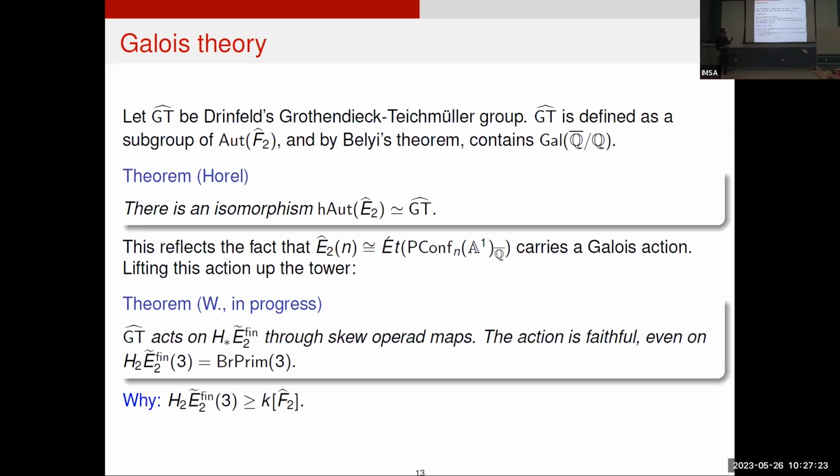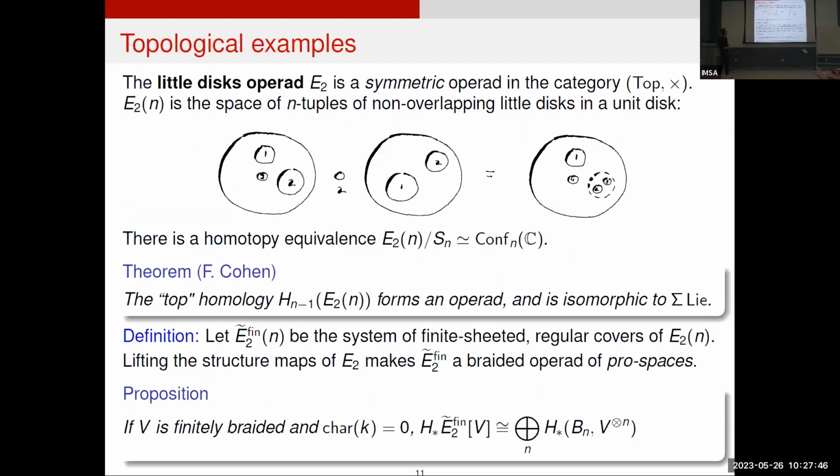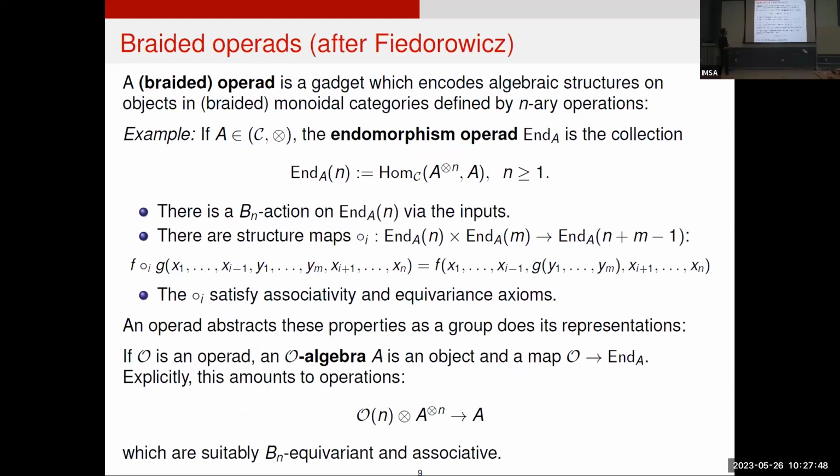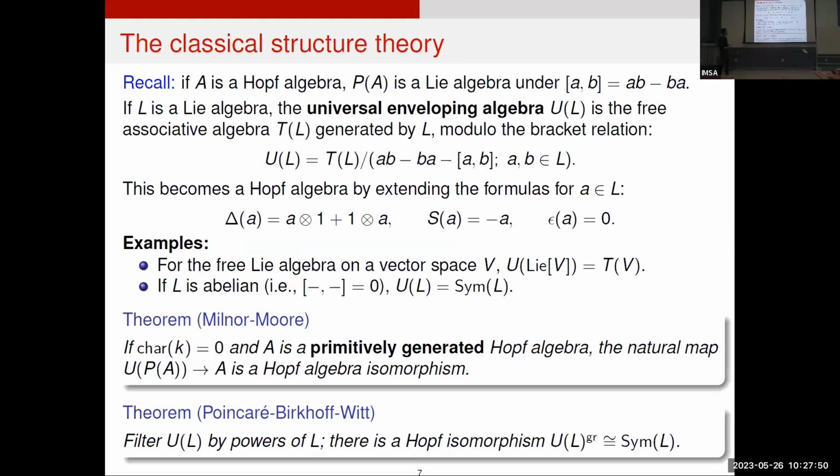I'll stop there. What I'm not telling you is that there is an analog of the classical structure theory for braided Hopf algebras, but it's a rather complicated story to describe, and it doesn't fit perfectly into this talk. You want it built around the Milnor-Moore theorem, saying there are the primitives of a Hopf algebra.